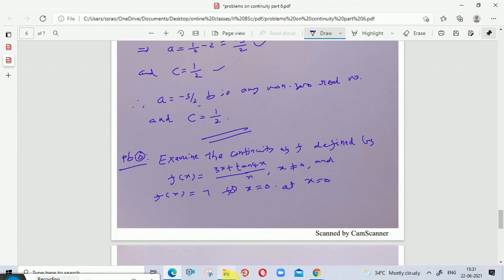We have to examine the continuity of this function at the point x is equal to 0.